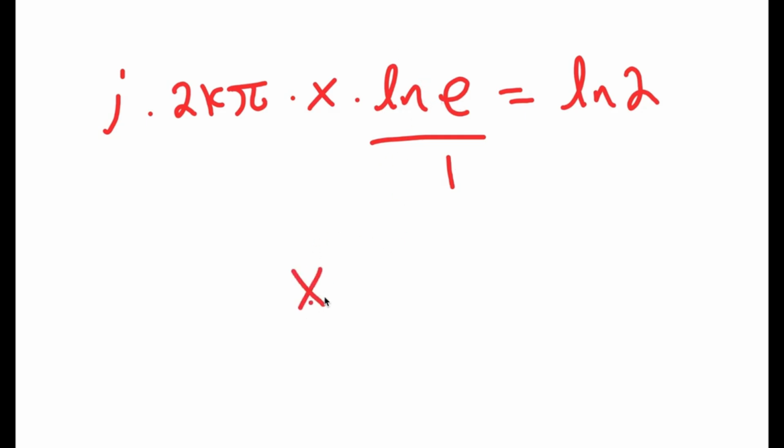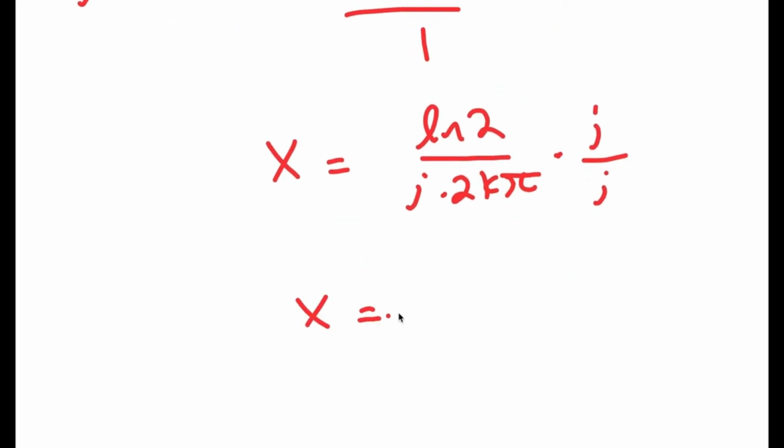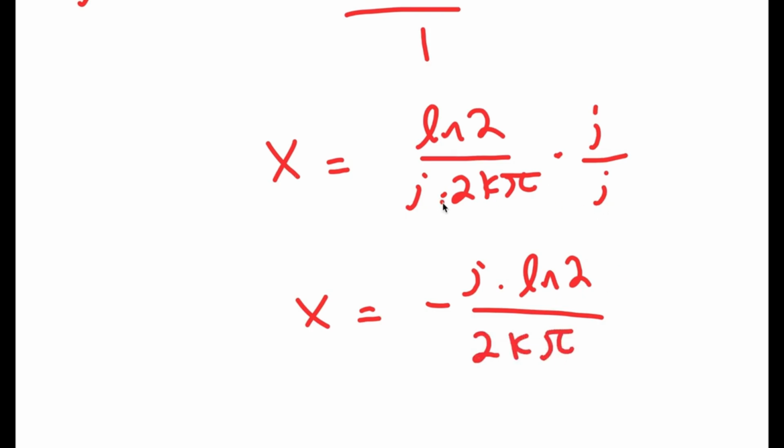So I get x is equal to ln 2 over i times 2k pi. And now I'm going to multiply this by i over i. So I get x is equal to negative i times ln 2 over 2k pi, because i squared is negative 1.